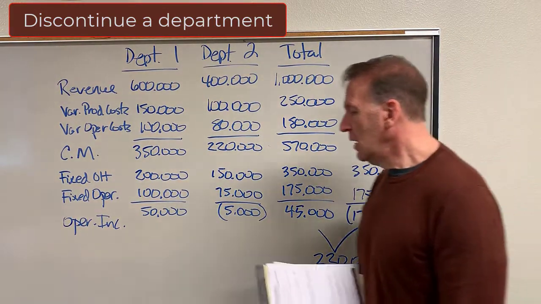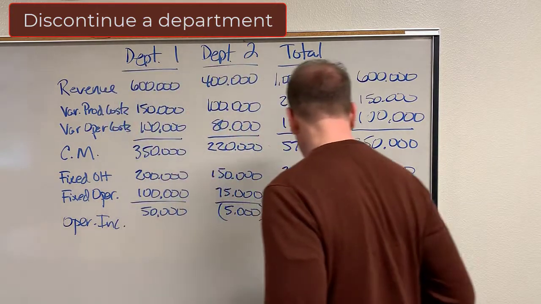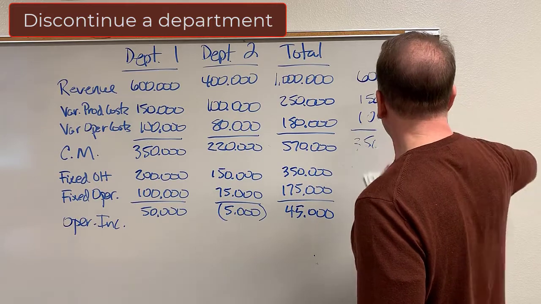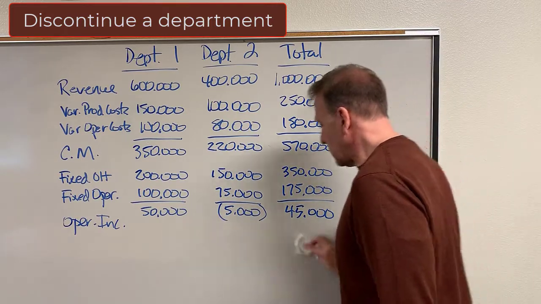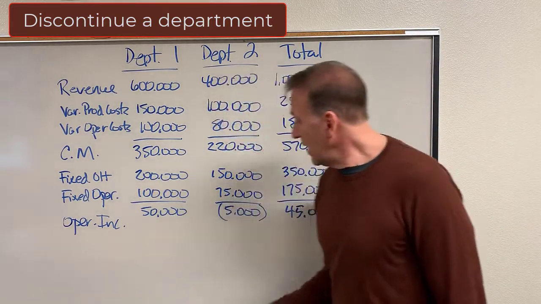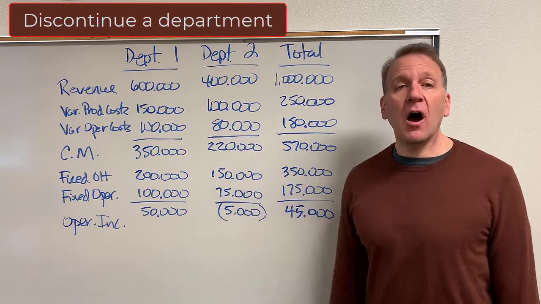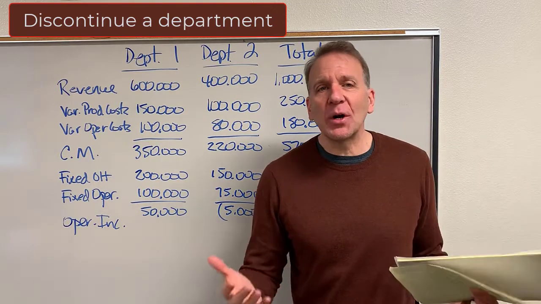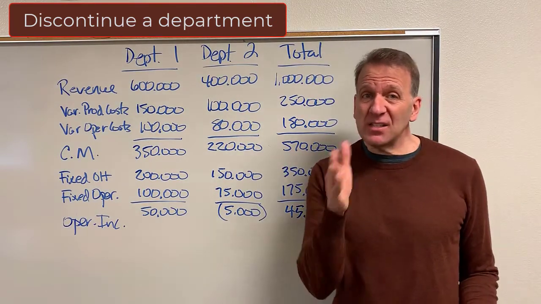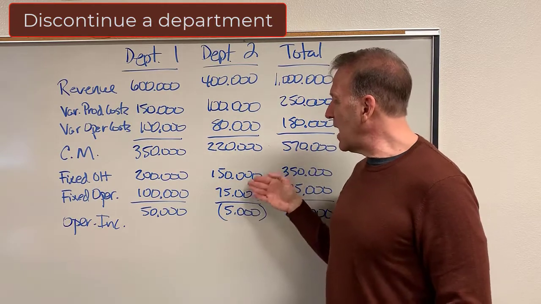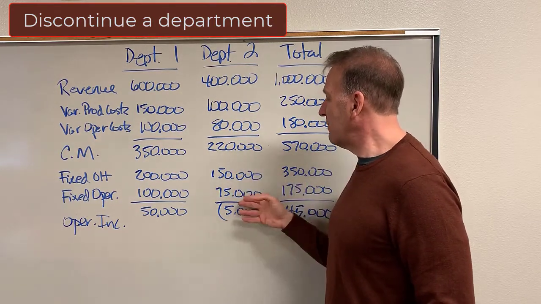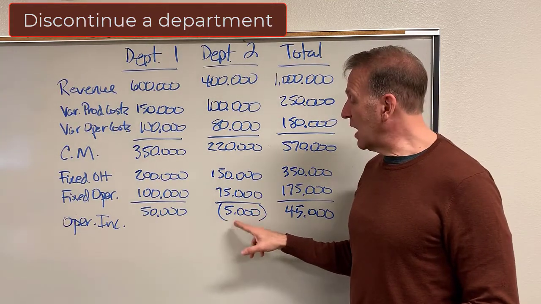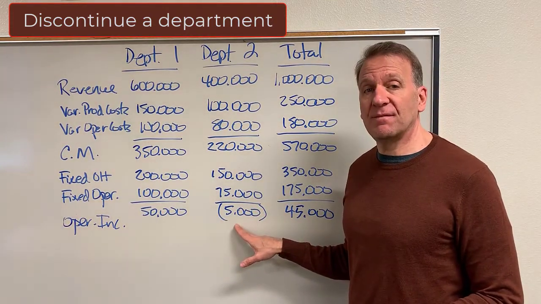Okay? Now, let's change the scenario a little bit, and let's say that the fixed costs are avoidable, meaning if we get rid of this department, our fixed costs would go away. That's a possibility. Whenever you're doing homework or test problems, you need to know: are these costs avoidable or not? If these costs are avoidable, meaning we would get rid of them if we got rid of Department 2, then yeah, we'd probably want to get rid of it because it's generating a loss of $5,000.